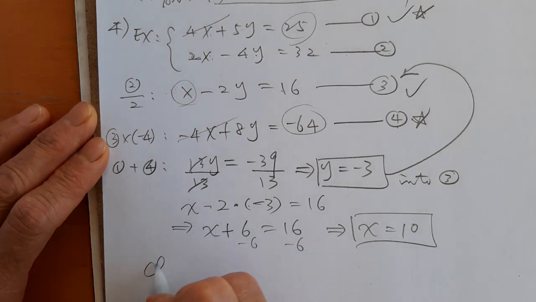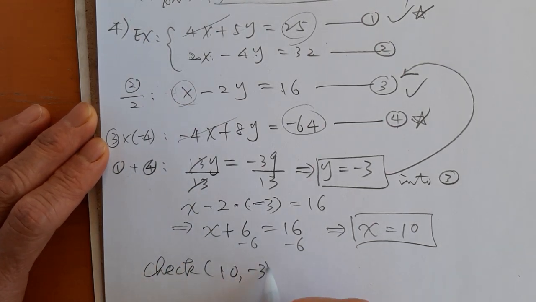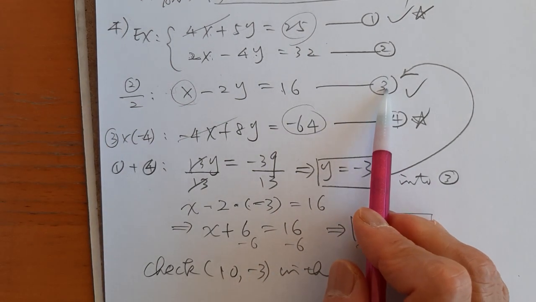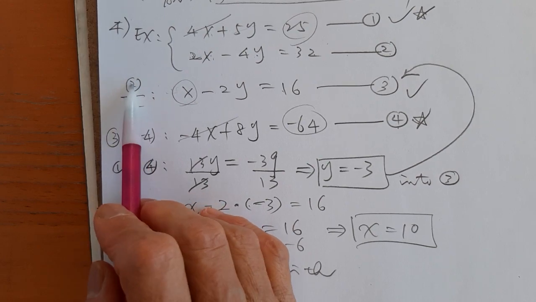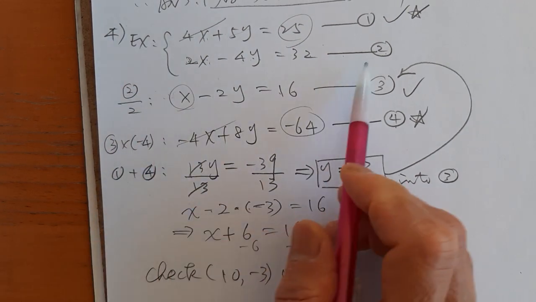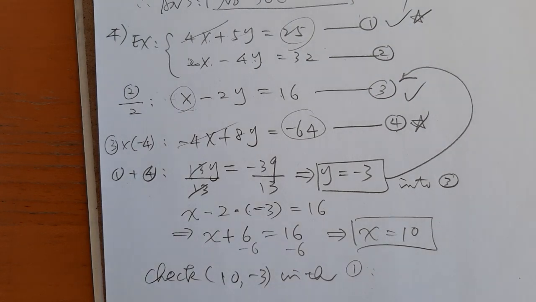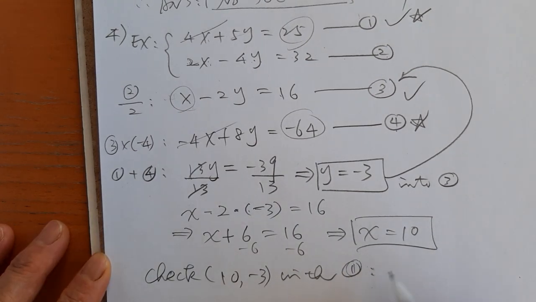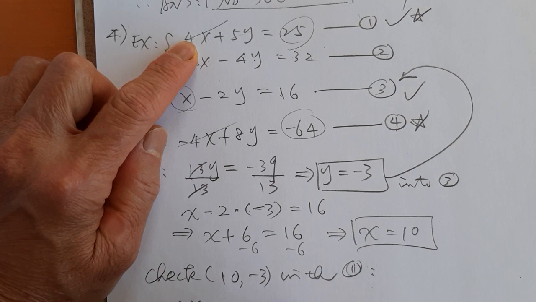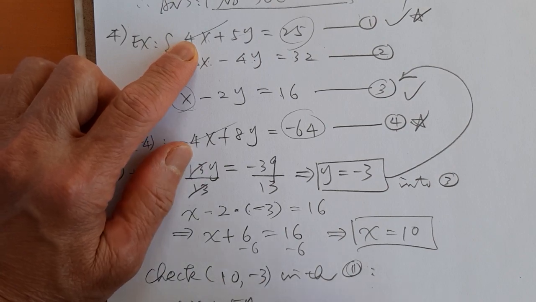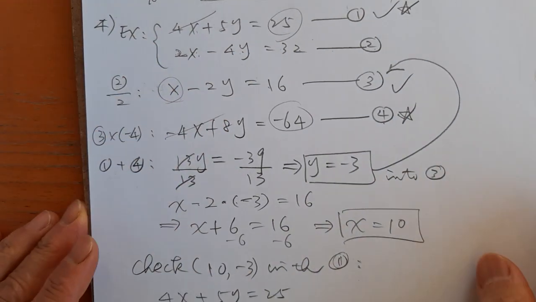Now you check this solution. Check 10, negative 3 with which equation? Since the third equation comes from the second equation divided by 2, don't check with the second equation. You check with the first equation. The first equation is 4x plus 5y equals 25.